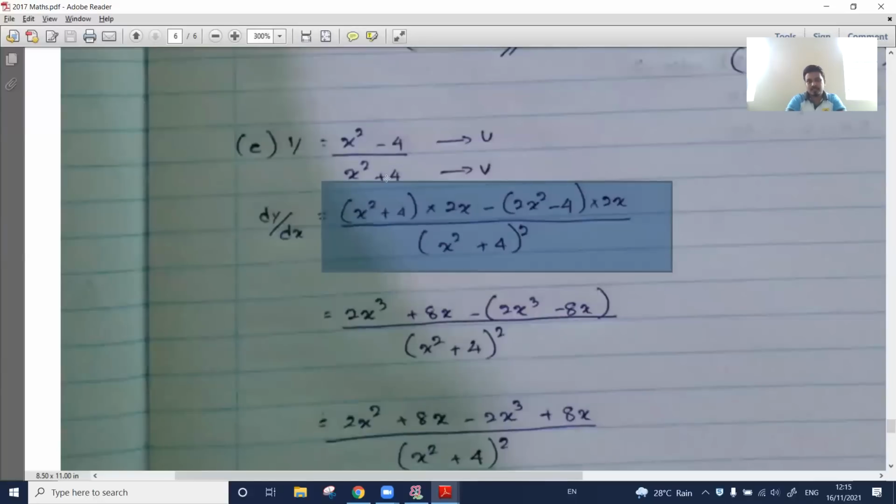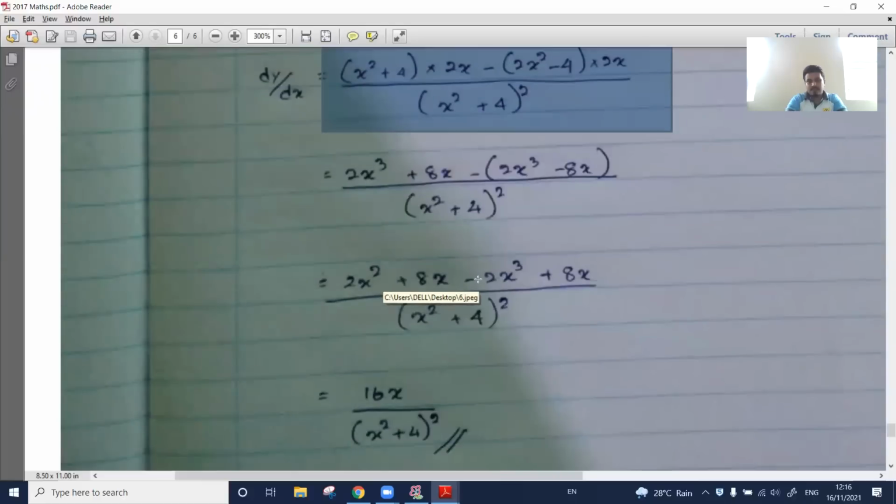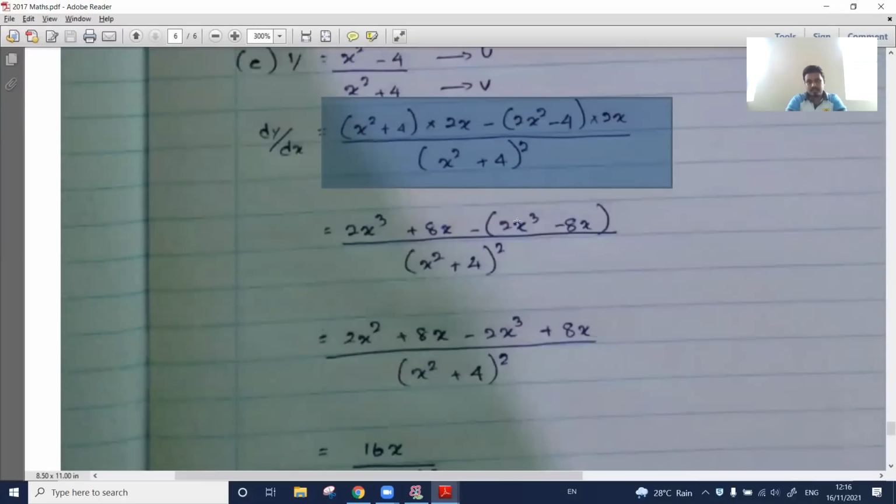Differentiation of the denominator is 2x. That is correct. But here, because of this mistake, the whole answer is wrong. Right? The whole answer is wrong. That mistake continues, right? 2x, yes.